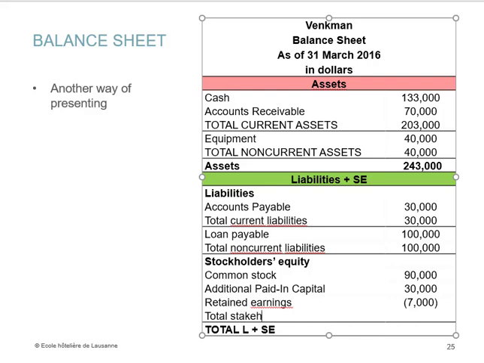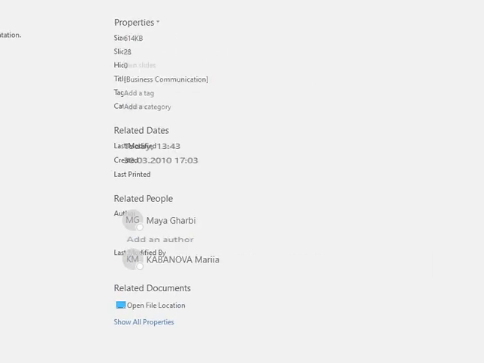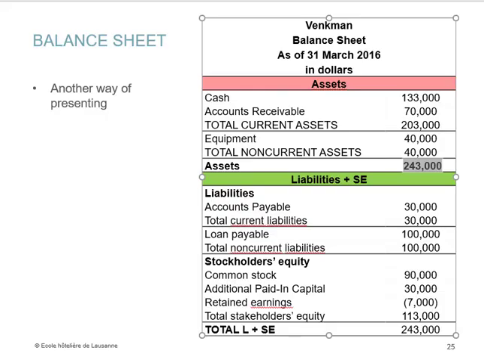So total stockholders' equity is equal to 113,000, and it gives us in total all the elements that we calculated. Total liabilities and total stockholders' equity gives us 243,000. And as we remember, our total assets have to be equal to our total liabilities and total stockholders' equity. So here is how the balance sheet has to look like.